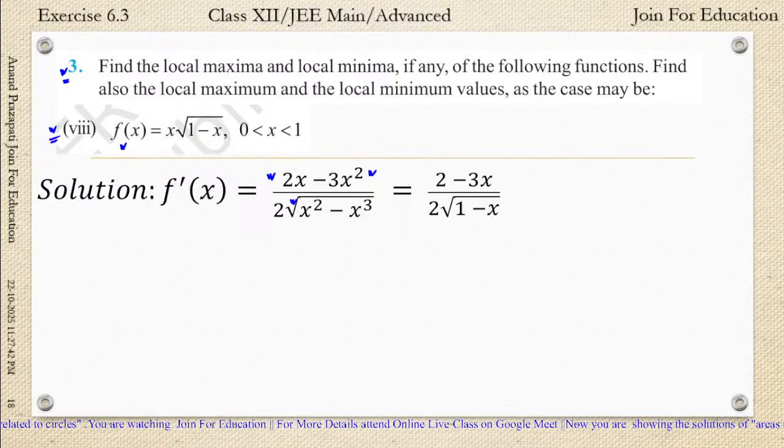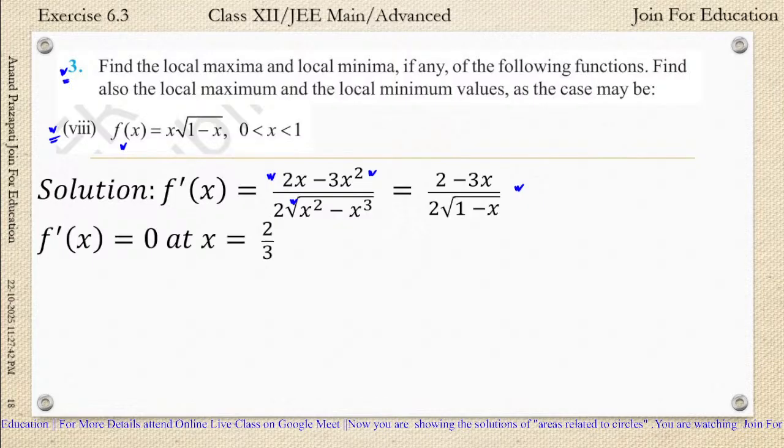After cancelling out the common factor, we get 2 minus 3x by 2 root of 1 minus x. Therefore, first derivative of f x, or f dash x, equal to 0 at x equal to 2 by 3.